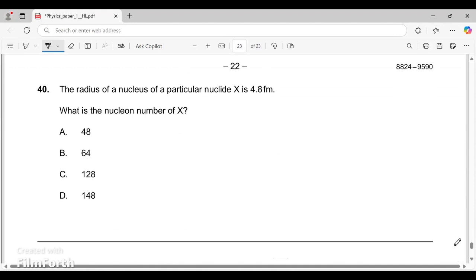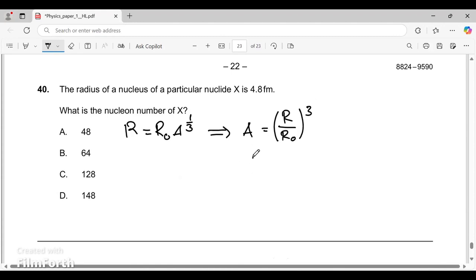The radius of a nucleus of a particular nuclide X is 4.8 femtometers. What is the nucleon number of X? The formula is R equals R0 A to the power 1/3. So we can rearrange this formula to determine A: A equals R over R0, cubed.